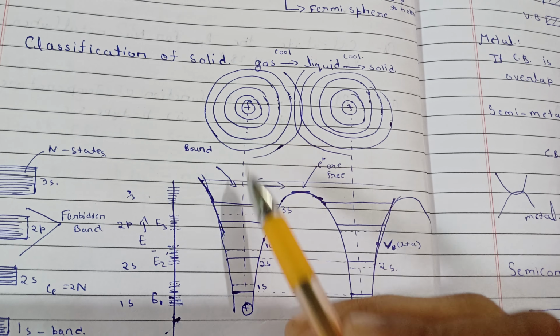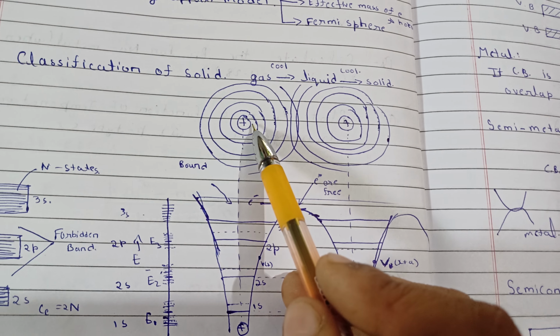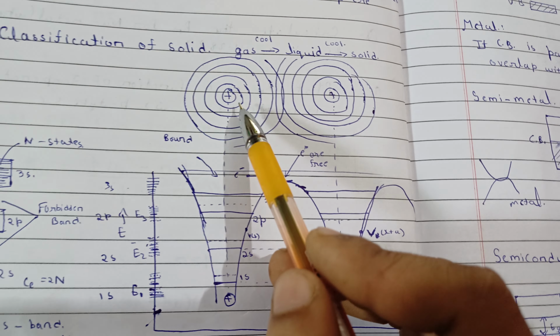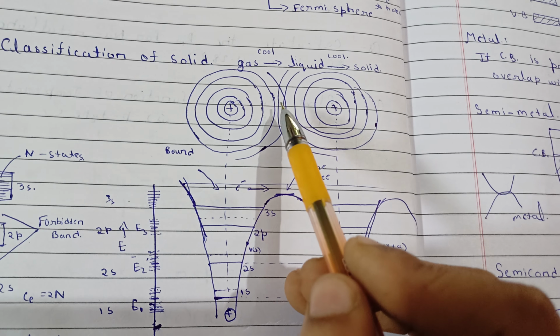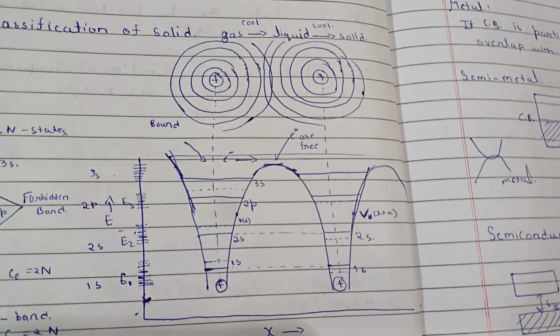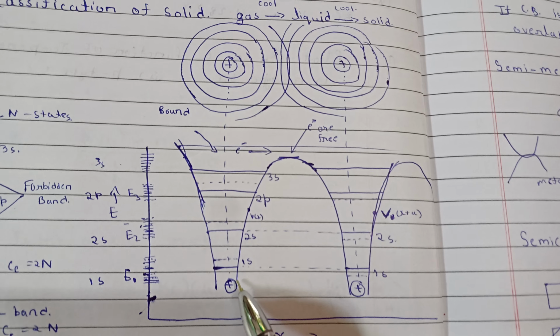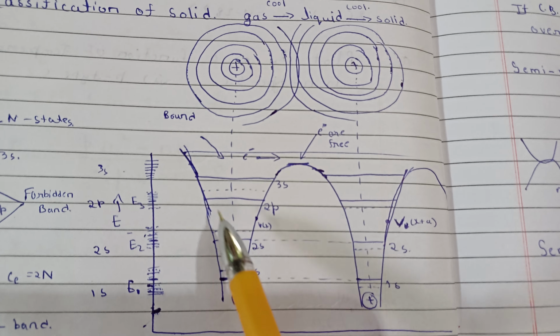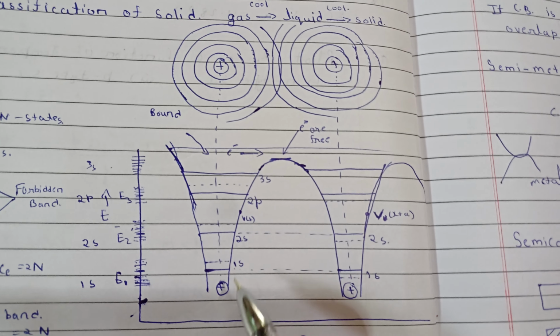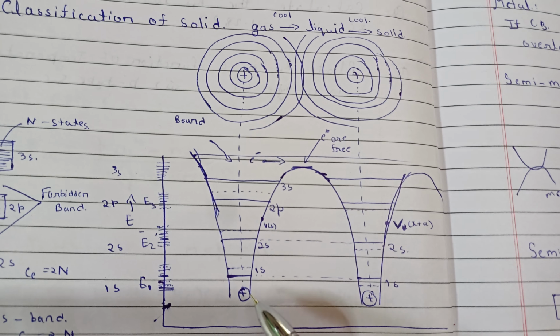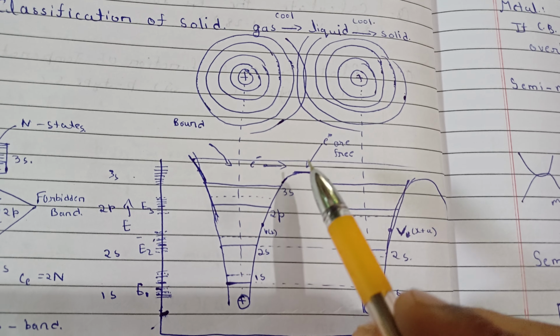Like for hydrogen you have minus 13.6 electron volt for the single electron at the lowest energy level. Then it becomes more and more positive. At the center the energy will be like this, then it will go like this. Potential varies as 1 upon r. So for a single atom you will get this type of curve for the energy.